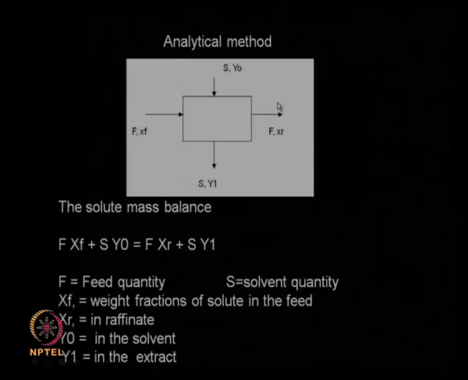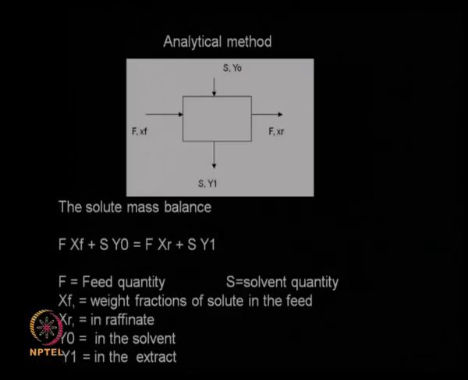Now, there are two streams that are leaving your stage, one is the solvent, the other is the raffinate. So, again you can do a mass balance on this side: F XR plus S Y1. So, this is your entire overall mass balance for the solute. Inputs is equal to outputs.